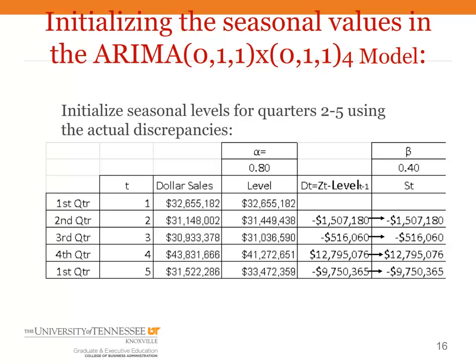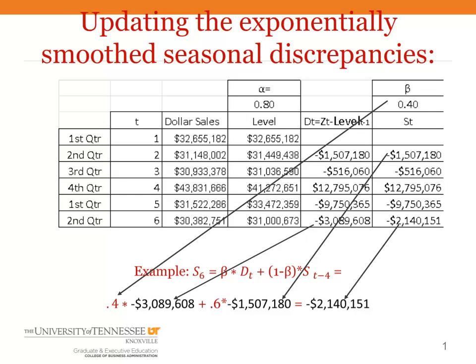So to initialize and to get my first 4 discrepancies, I just have to set S sub t equal to whatever I observe. This is the way we typically start exponential smoothing, is just by picking the observed value as the initial value.